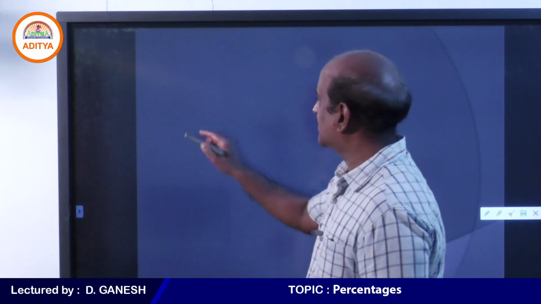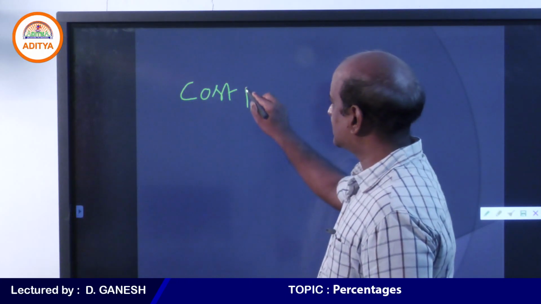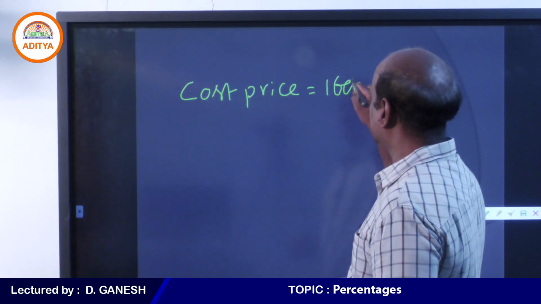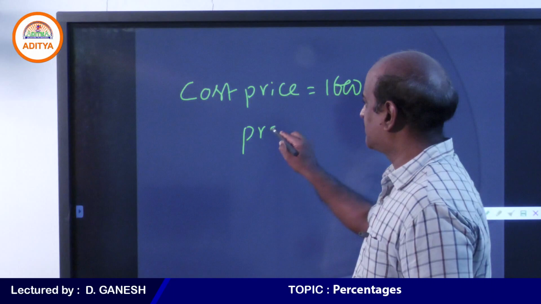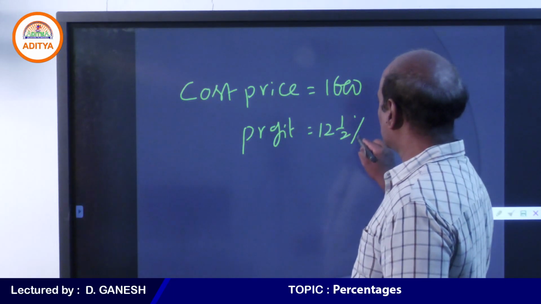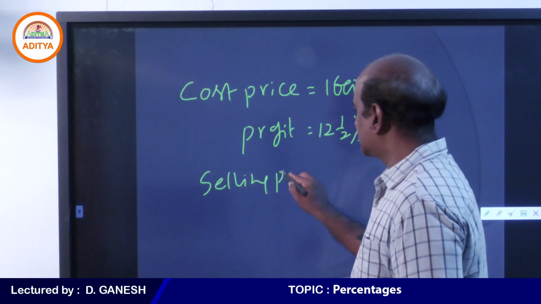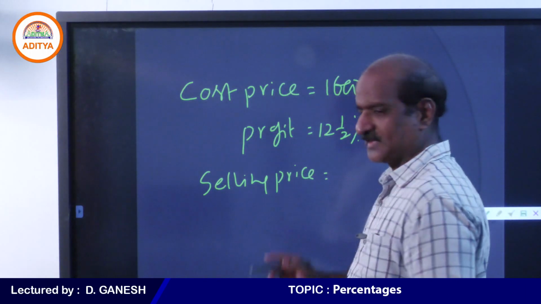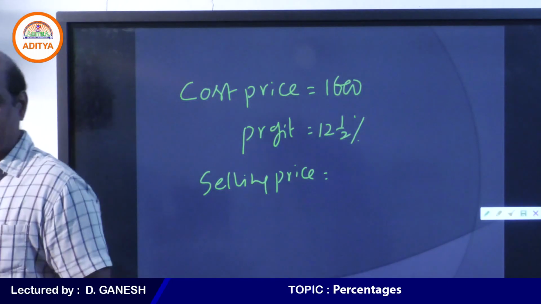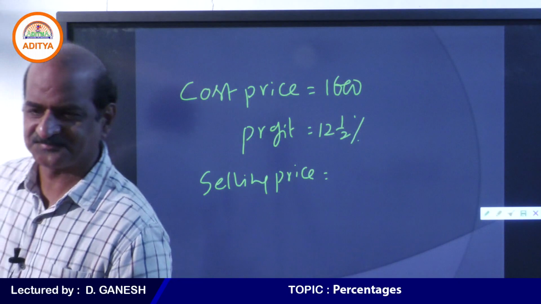Students, if I say that the cost price of an article is 1600 rupees, and if a profit of 12.5% is expected, may I know, my dear students, what should be the selling price of the article? Out of 1600, if I am expecting a profit of 12.5%, what should be the selling price?